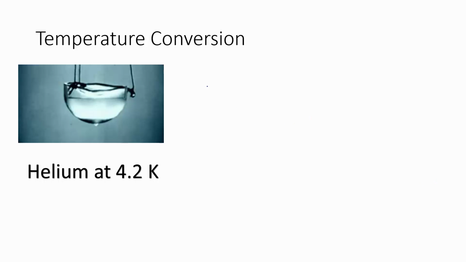Kelvin is just as easy. If we have helium at 4.2 degrees Kelvin, and that's where helium gas turns into a liquid, how do we get this into degrees Celsius? Well, degrees Celsius are just a different 0 point compared to Kelvin. Okay, so all we have to do is subtract.